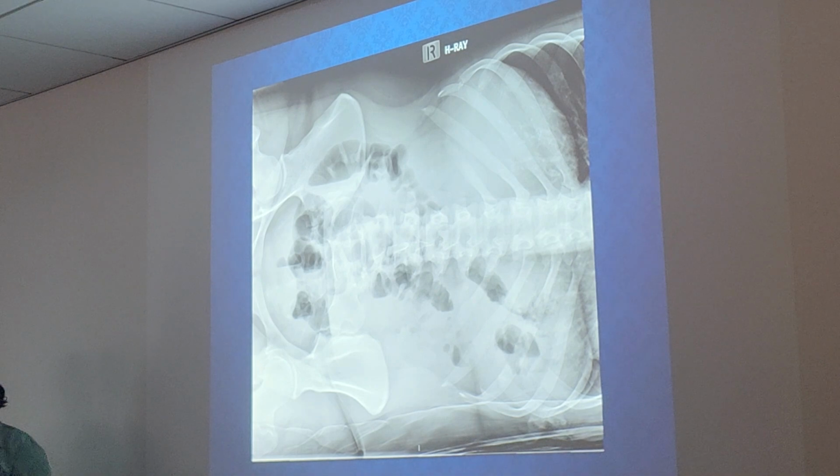Where's the air fluid level? If you look at the very top, right there. I see it right here. Remember, to look for air fluids, you look for that flat line. There's a flat line right there.